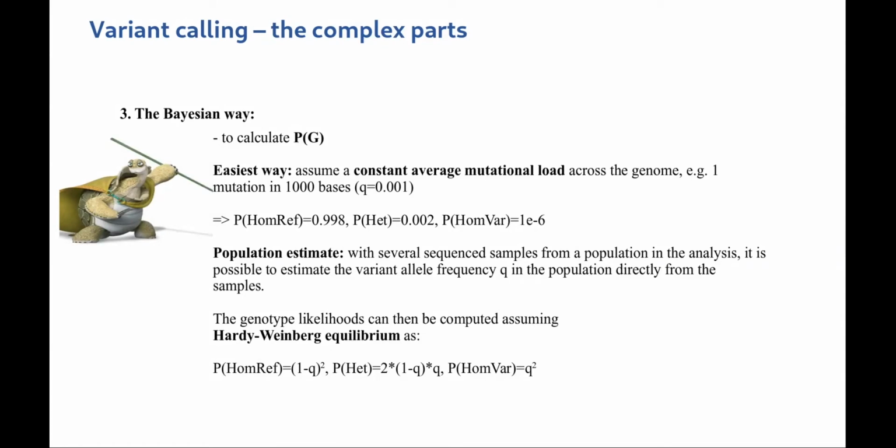So let's say you find out of 10 reads, you find 2 that support the variant, and you're in doubt whether that's just sequencing errors or whether it's really a heterozygous genotype there. If you know that the variant is quite frequent in that population, the chance increases that this individual is actually heterozygous, right?